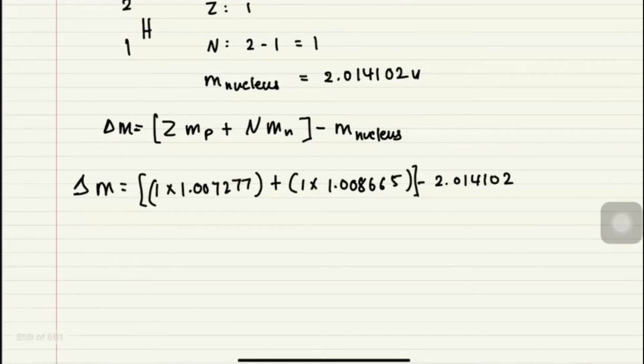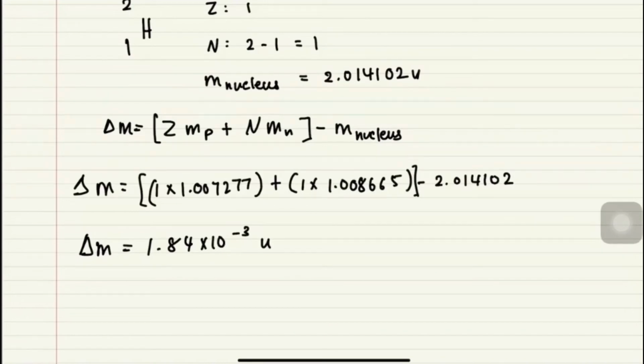Obviously kalau kamu pakai kilogram atau U, dia punya jawapan tu slightly different lah sebab decimal point dia berbeza. Tapi dua-dua betul. Okay, I got here 1.84 times 10 negative 3. Unit dia apa? U. U, okay, very good.